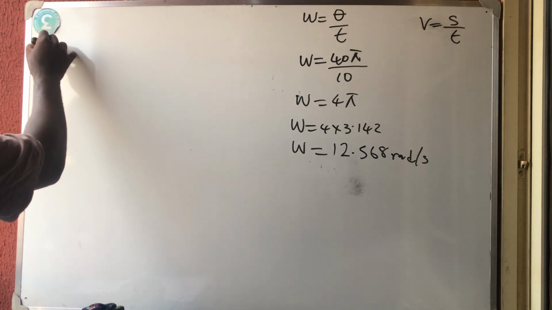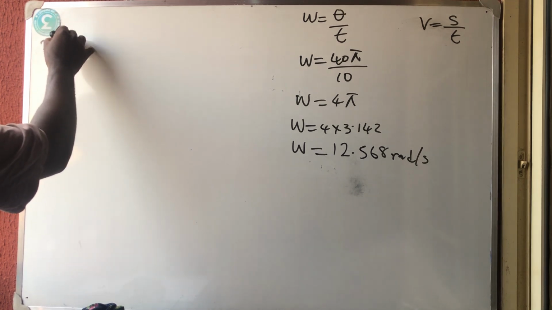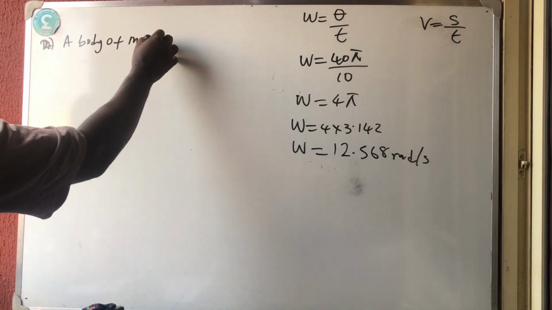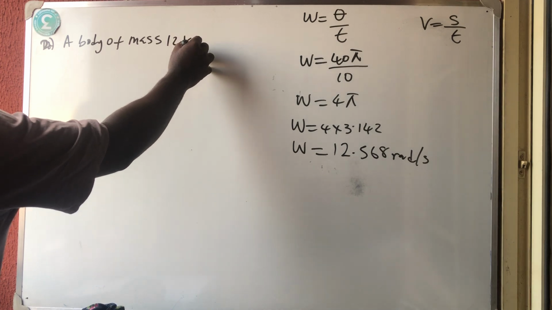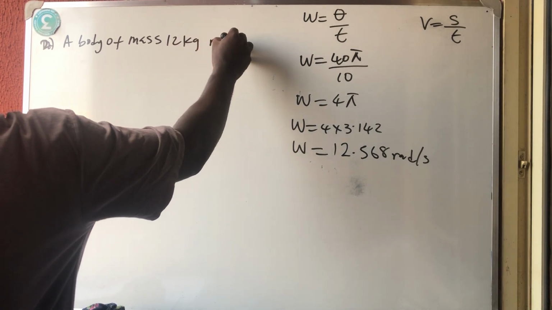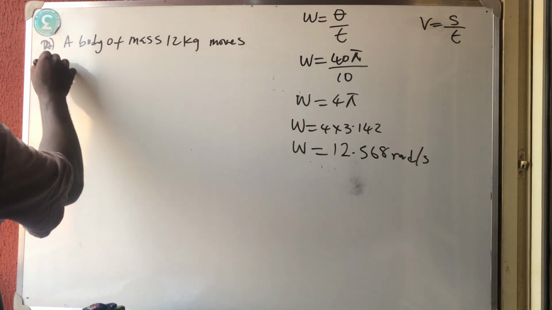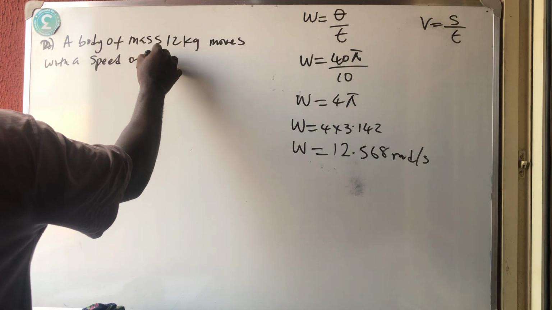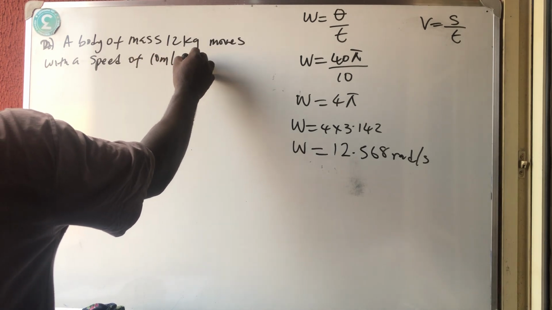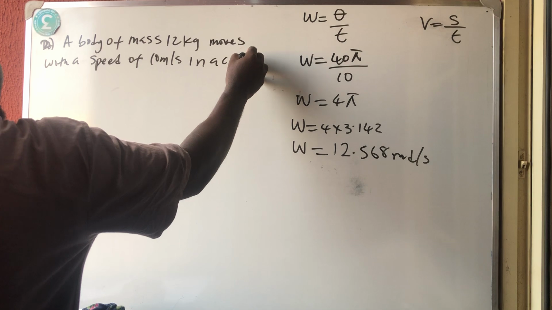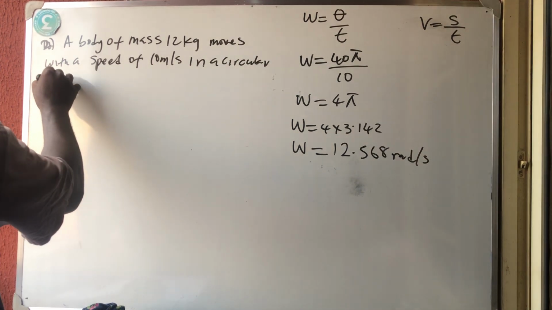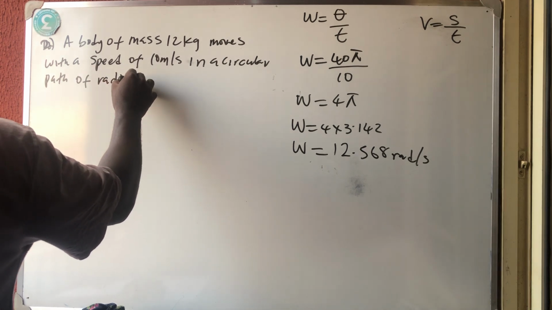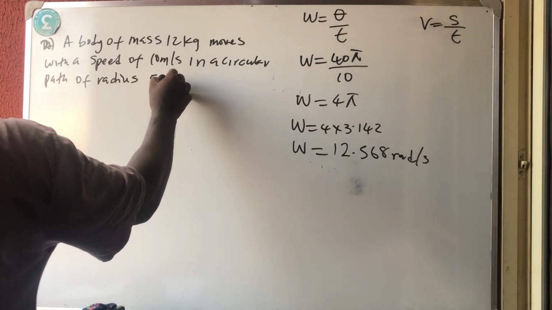So the second example said, a body of mass 12 kg moves with a speed of 10 meters per second in a circular path of radius 5 meters.